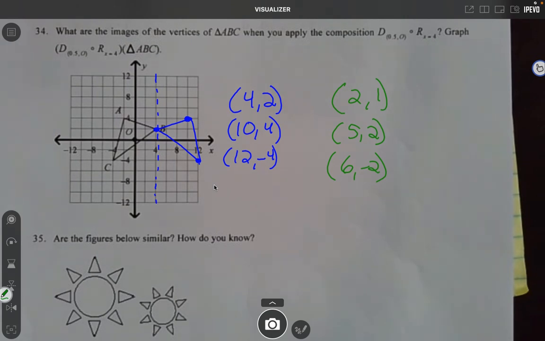Okay, remember we're counting by 2s. So I'm going to go over 2 and up 1. That's why it's in that little spot. Over 5 and up 2. That's in that little spot. And then over 6 and down 2. And that's in that little spot. And there we go.